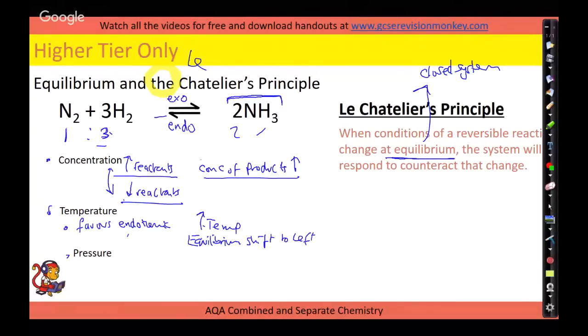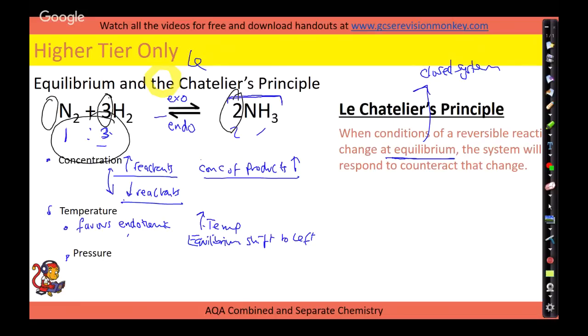So in this case, if we increase the pressure, then we are going to favour the side where there are more molecules. Okay, so if we're increasing the pressure, we're going to favour the left-hand side of this reaction because there are more molecules. So all we need to look at for this one is the numbers that you have here in front of the molecules, and that will help you.